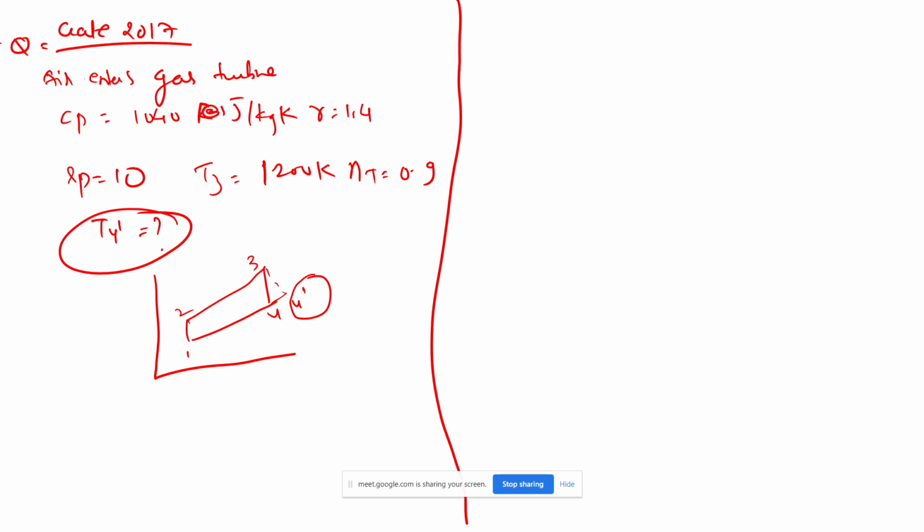This was also for 2 marks. The previous question was also for 2 marks. This was also a filling the blanks type of question, and they asked for the value of the temperature T4 dash in Kelvin.